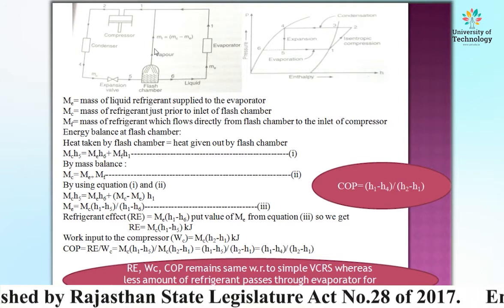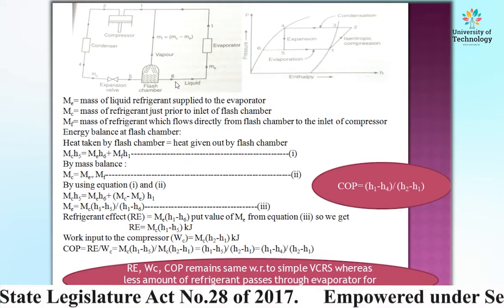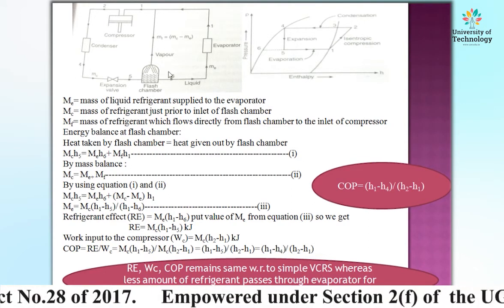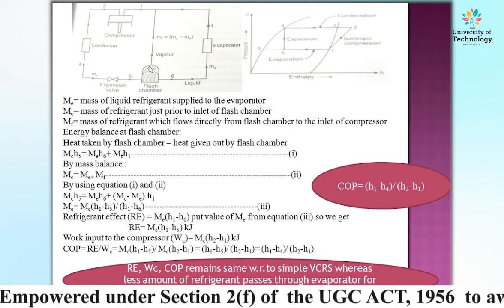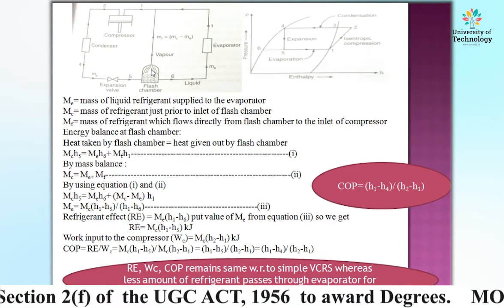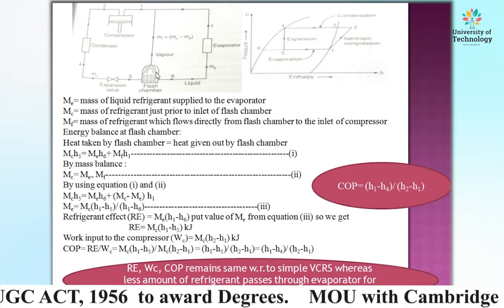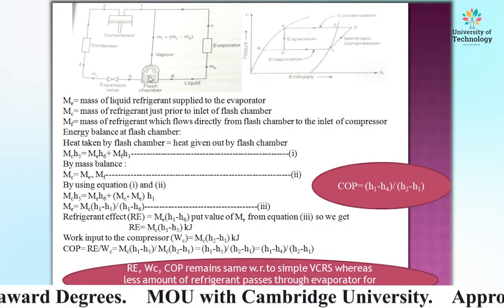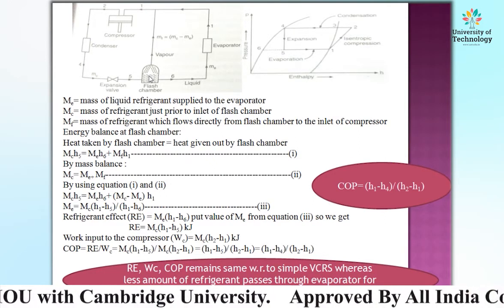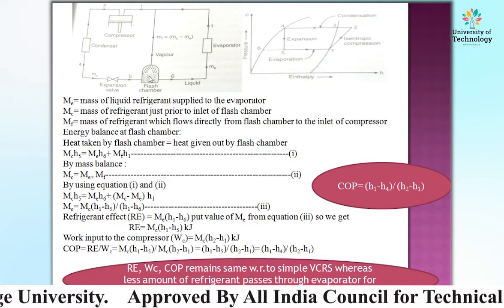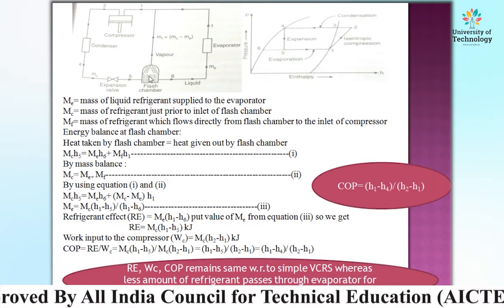Just balance the energy. As we know, the flash chamber is an insulated chamber, so there is no interaction of heat between system and surrounding. Only balance the heat at the inlet and the heat at the outlet of this flash chamber.